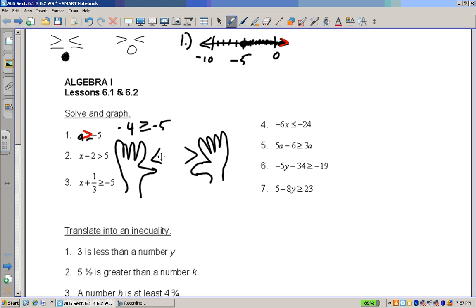Now you notice this almost looks like an L for less than. It's also your left hand. All of those have that same left hand symbol. This one is definitely not an L. That's greater than. And that's your right hand. So if you hold up your right hand, that actually fits.